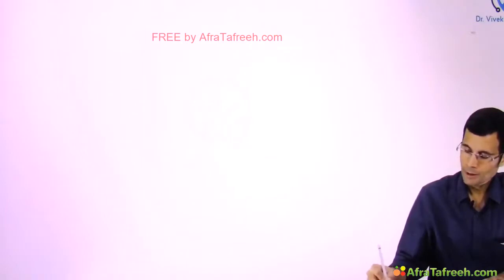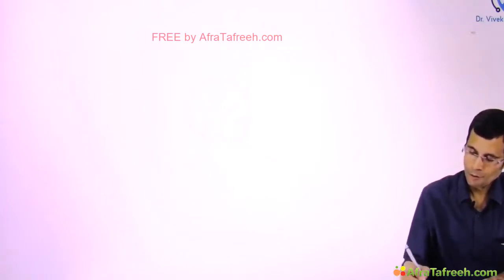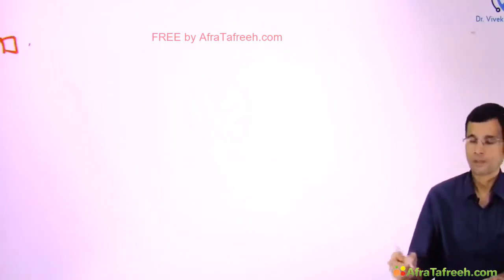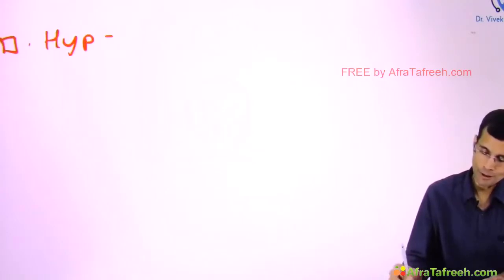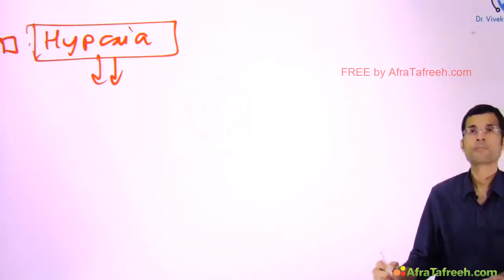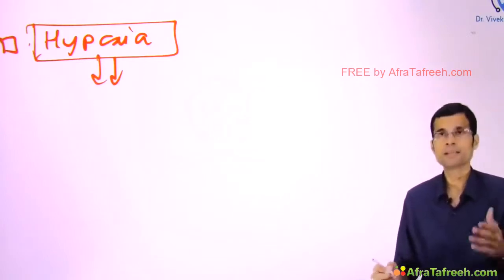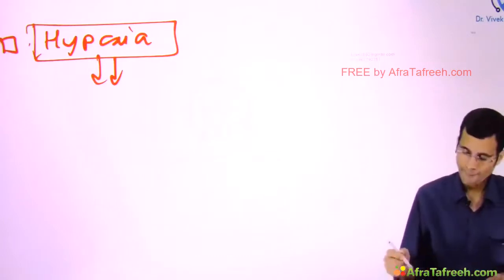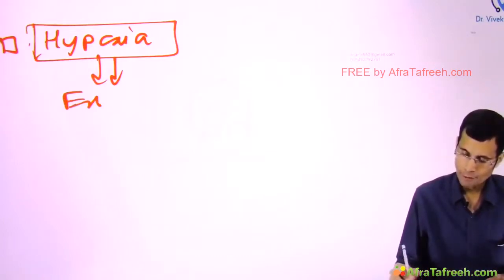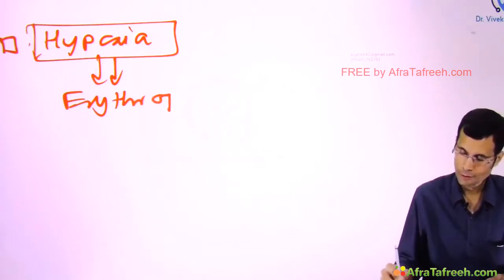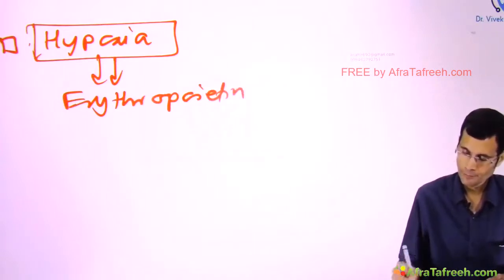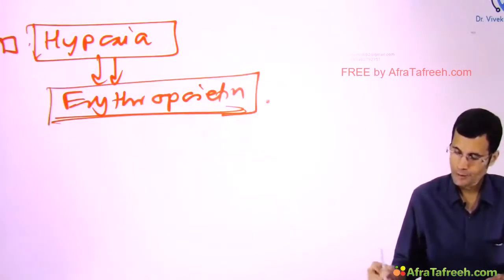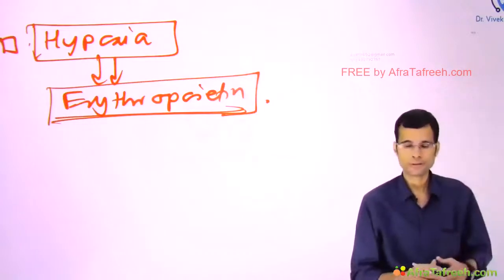Then the other important factors for erythropoiesis, most important being hypoxia. Hypoxia will be sensed by the renal cells, type 1 cortical interstitial cells in the kidney, and it will cause release of erythropoietin, and erythropoietin then hastens erythropoiesis.